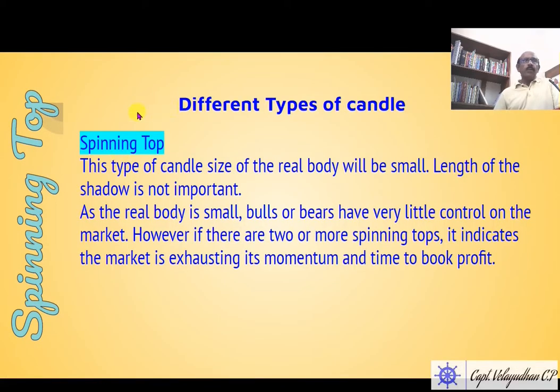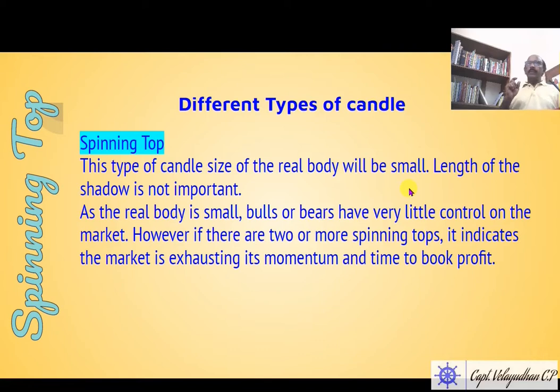Now we will go through the other types of candles. A spinning top. In this type of candle, the size of the real body will be small. When you compare, the body will be small.